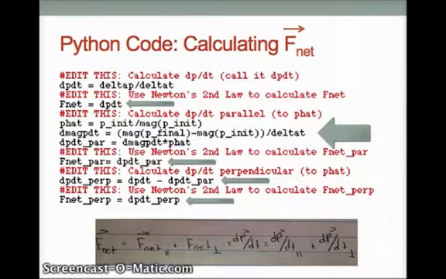Knowing dp/dt equals dp/dt parallel plus dp/dt perpendicular, we then calculate dp/dt perpendicular by subtracting dp/dt parallel from dp/dt. From our knowledge of Newton's second law, we are able to set Fnet parallel equal to dp/dt parallel and Fnet perpendicular equal to dp/dt perpendicular.